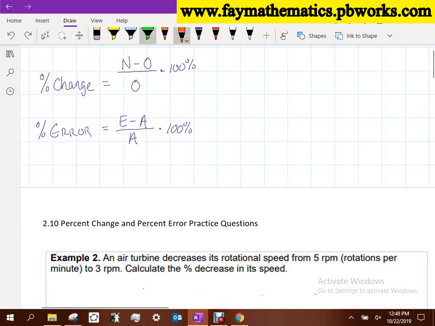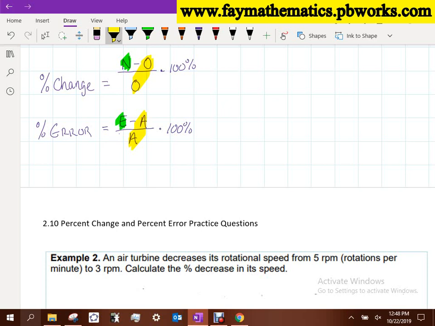Okay, so here's kind of my hope that we recognize. If I look at these formulas, would you agree that the structure of these formulas is very similar? Okay, new minus original divided by original is very similar to the estimated minus the actual divided by the actual. They're the same formula. It's just the words that we use to describe those components are a little bit different.